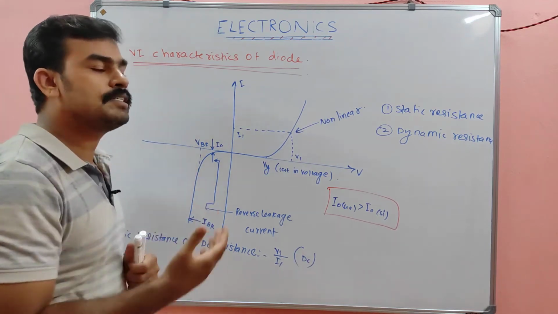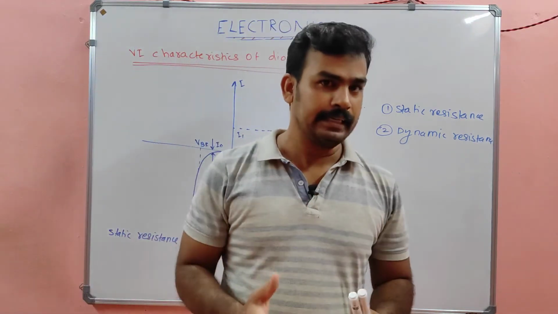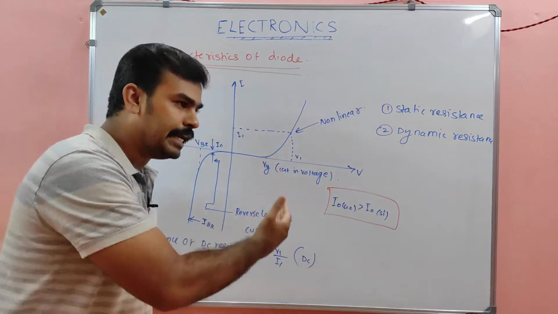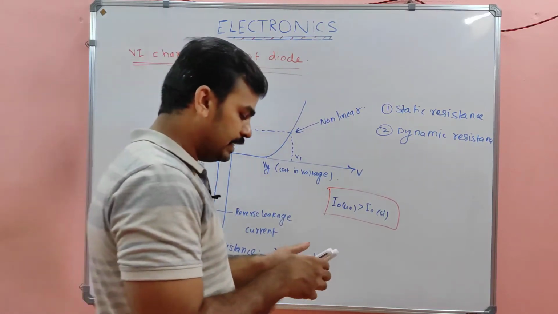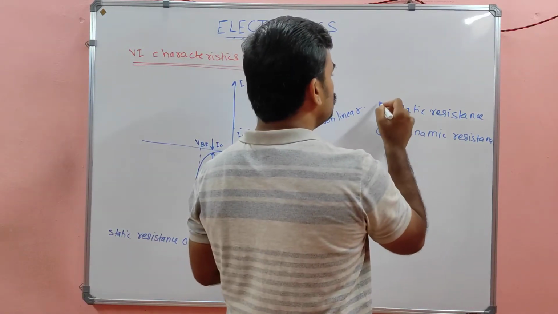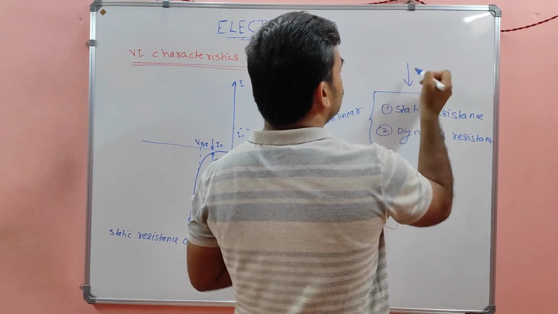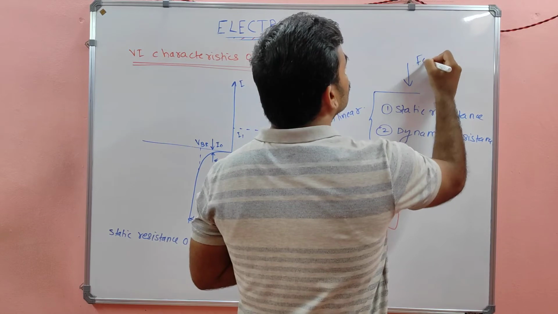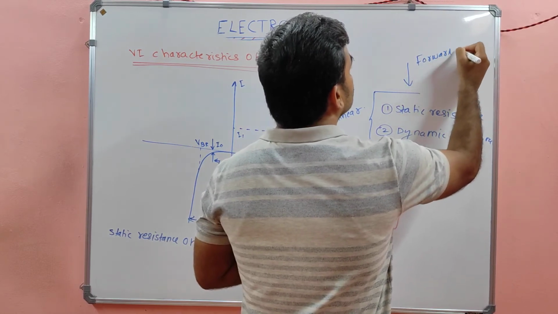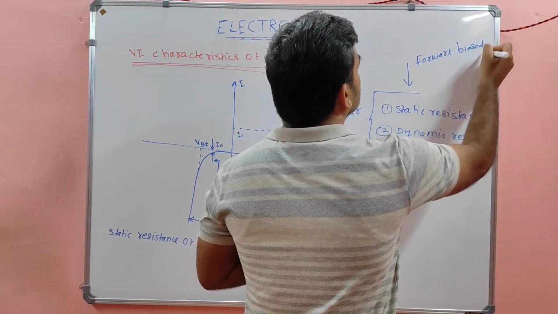That means it is the resistance offered by the diode in forward condition. These two, the static as well as the dynamic resistance, come only under the forward biased condition.